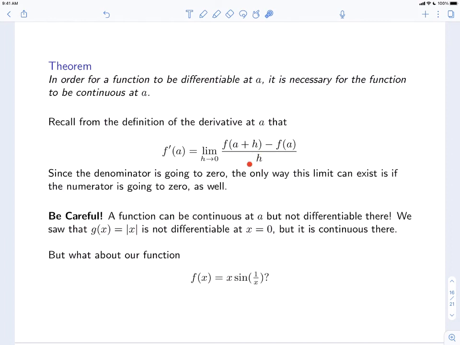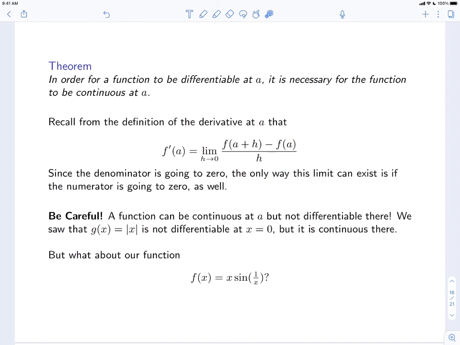Well, the denominator is just an h, which is going to 0. So the only way that this limit could possibly exist is if the numerator is going to 0 as well. If the numerator was just going to some non-zero value, then this would be an infinite limit of some kind. But that's not the case if this function is differentiable. If the function is differentiable, then this limit needs to exist.